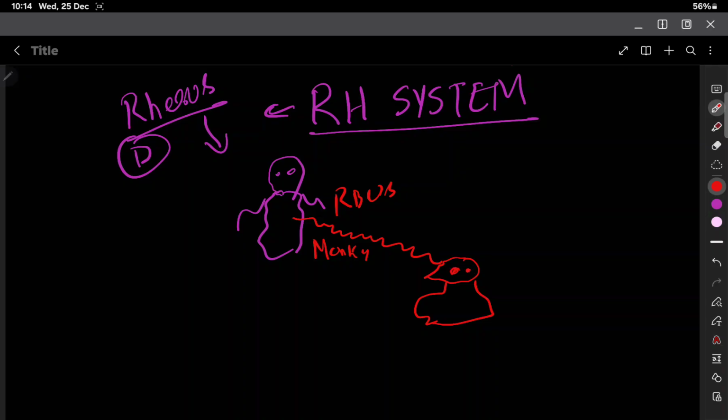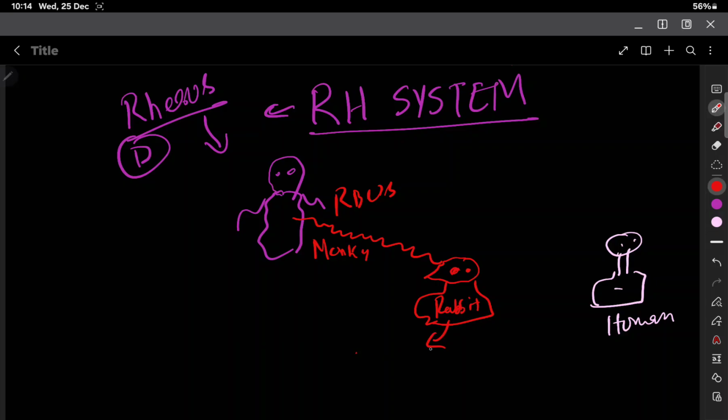Okay, so for example, this is a rabbit. So RBCs from the monkey were transferred to the rabbits. I will draw one other diagram. And this is a human. Okay, so RBCs from the monkeys were transferred to the rabbit, and what the scientists discovered was that this rabbit developed antibodies against the RBCs from the monkey.